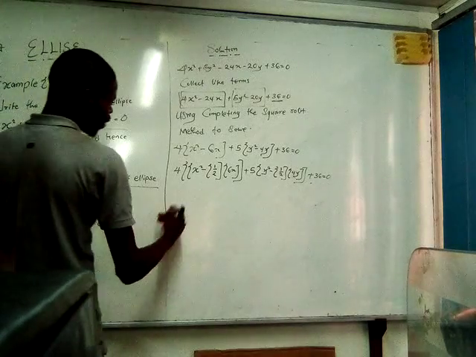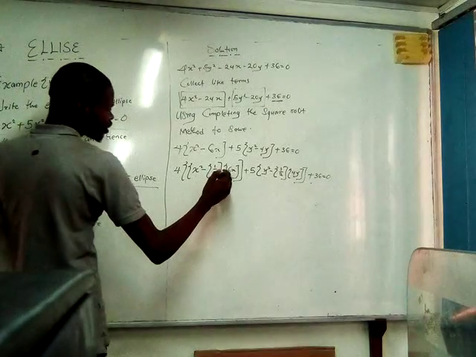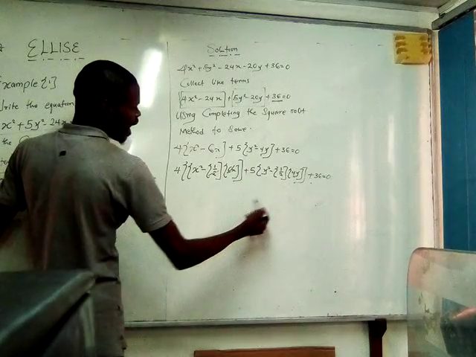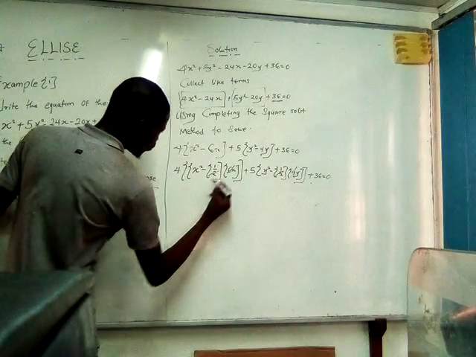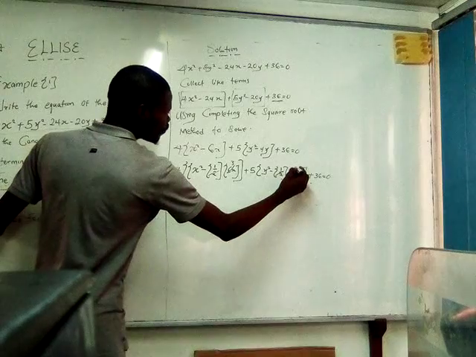So we are going to move forward. 2 in 6 and 2 in 4. So 2 in 6 is 3, then 2 in 4 is 2.